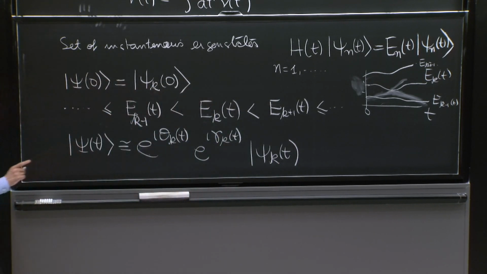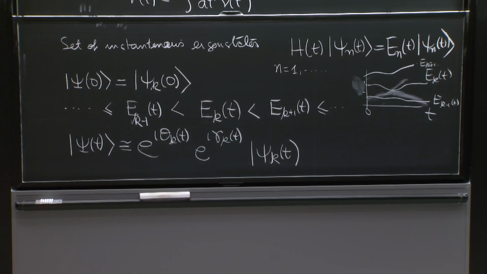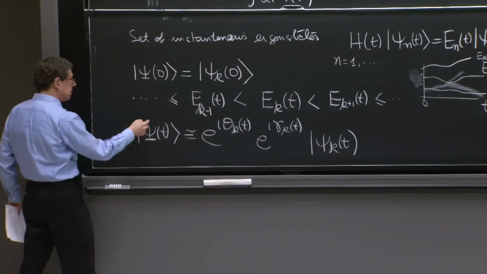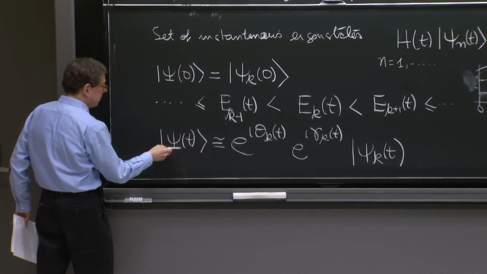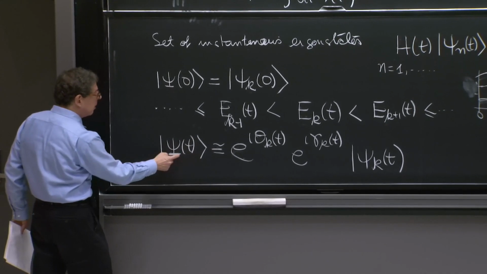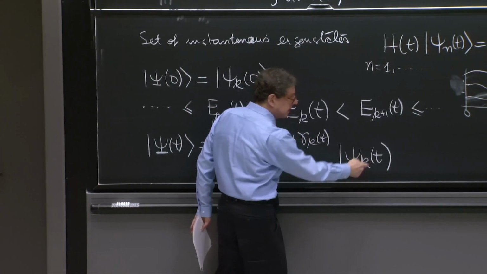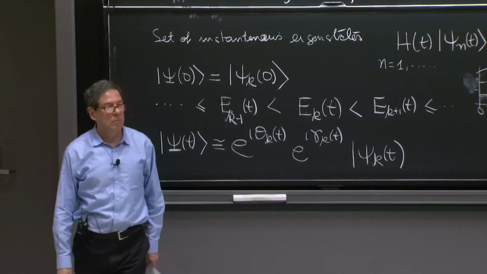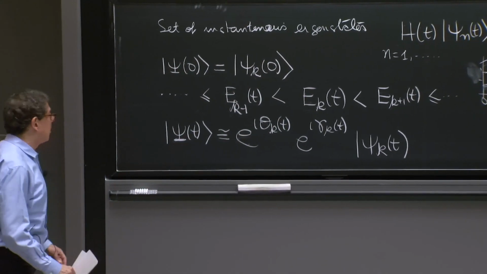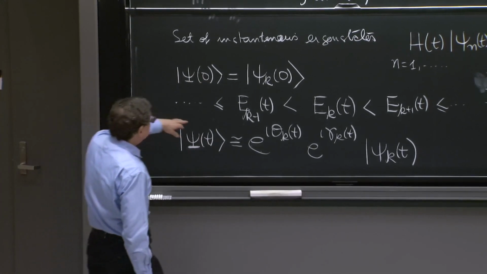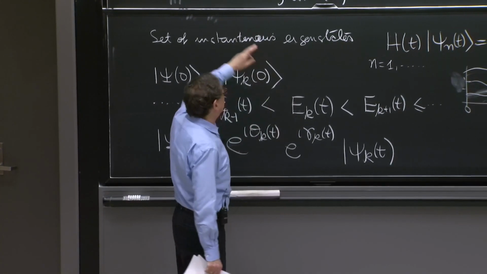So I'm keeping a little difference of notation, trying to be careful. These wave functions at all times, I put them with a line below the psi. And these instantaneous energy eigenstates, I don't put that. So a little difference that should help you determine this. Now, what are these θk or γk?